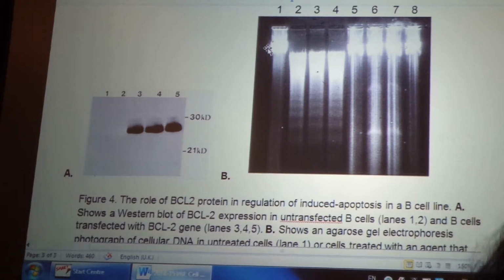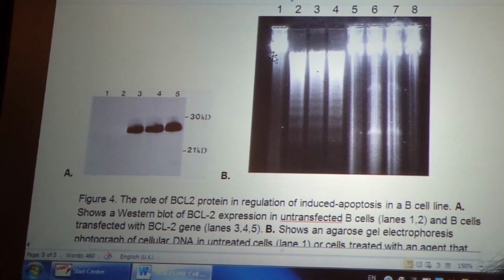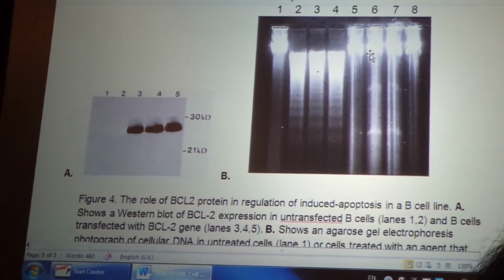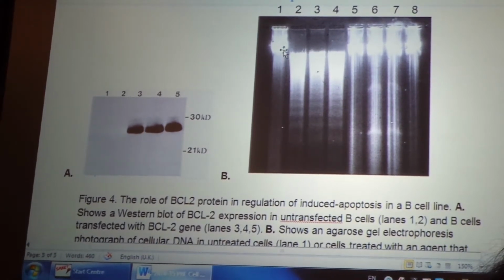But in an apoptotic cell, you can see that it's much lower molecular weight, and it seems to kind of spread over the gel, meaning that there are smaller and smaller fragments of DNA, and most of the very high molecular weight DNA is gone.